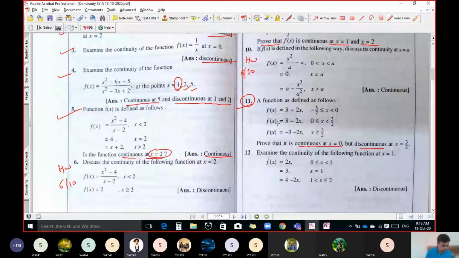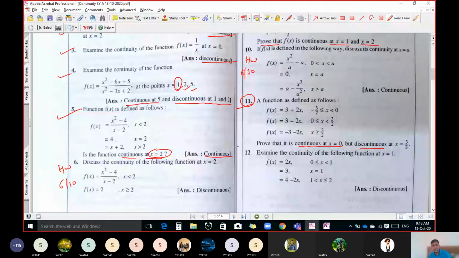Second one is applicable when x is less than 3 by 2. The last one is applicable when x is 3 by 2 or more than 3 by 2. So now tell me, which one do we have to select?